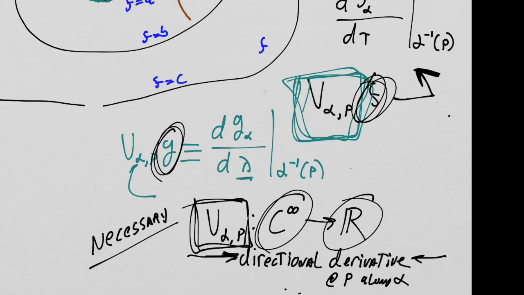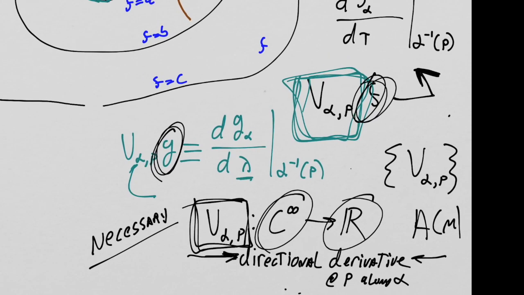Now, V alpha didn't specifically come into existence all by itself. What did come into existence is the set of all possible V alpha P, right? Because we have the set A, which necessarily exists on the manifold, the set of all possible curves. I should say this is now the set of all possible curves that go through P.